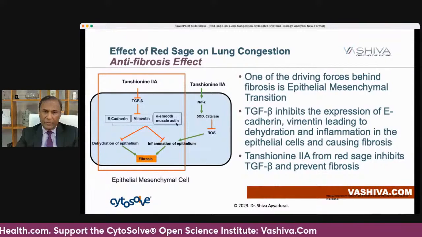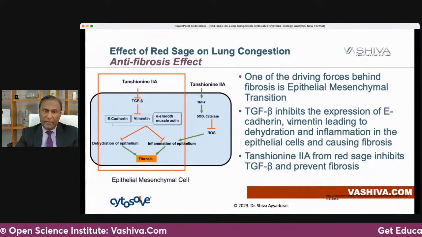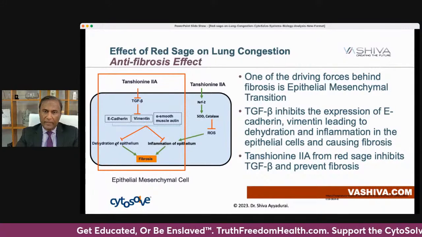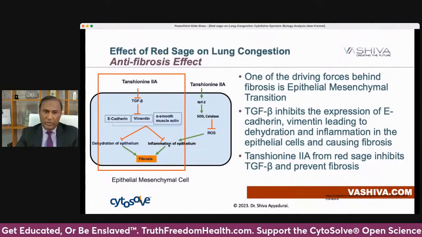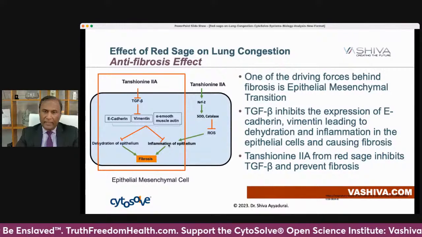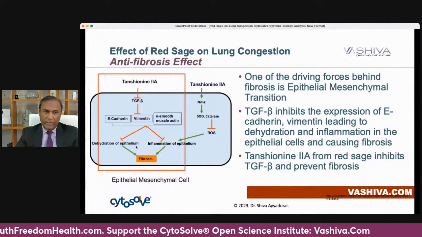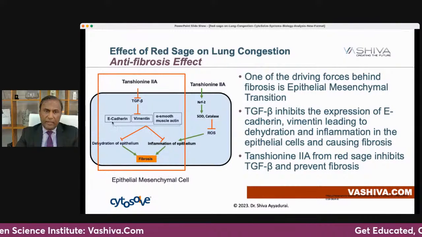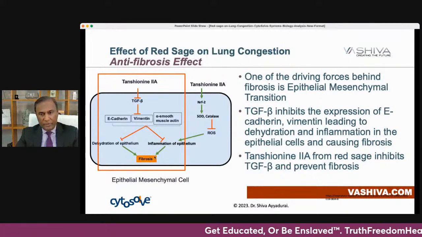Vimentin and alpha smooth muscle actin, okay? So when TGF inhibits expression of E-cadherin, vimentin leads to dehydration of the epithelial. So this blocks this, and you get dehydration, and inflammation also occurs of the epithelium. And this causes fibrosis. So dehydration and inflammation of the epithelium cause fibrosis, and this is happening because TGF-beta blocks E-cadherin and pushes vimentin up, and then downstream you get fibrosis, okay?